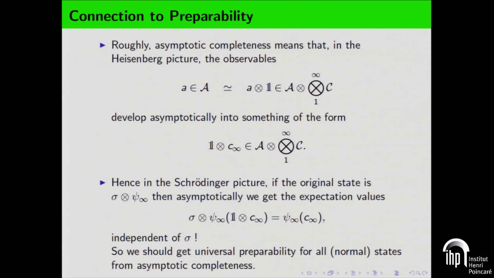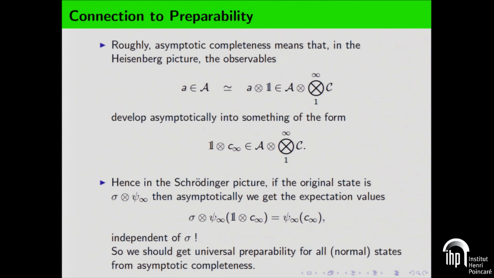We start with this observable A in A. Asymptotically, it's of the form 1 tensor C infinity. But if you then evaluate sigma tensor psi infinity on that, you see it's just psi infinity of C infinity. So it doesn't depend anymore on sigma. That's exactly what we wanted for universal preparability.